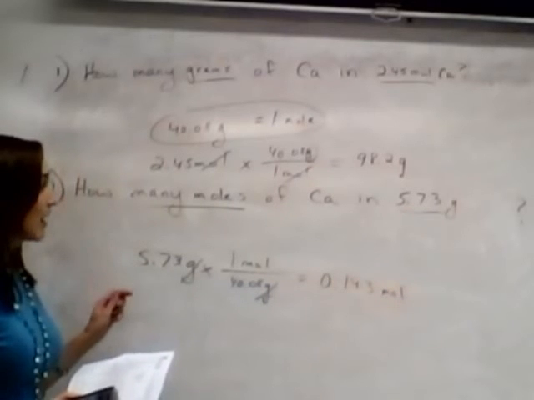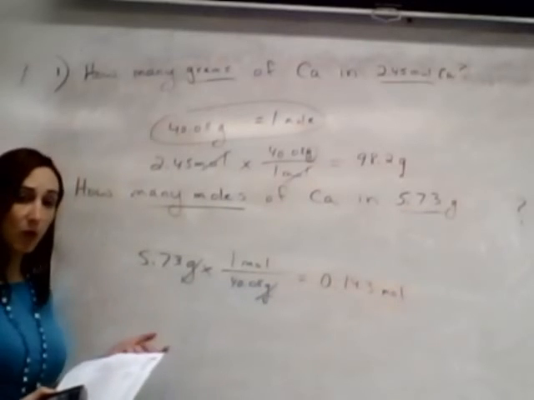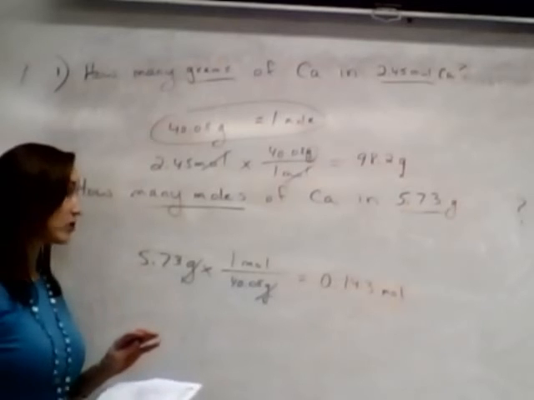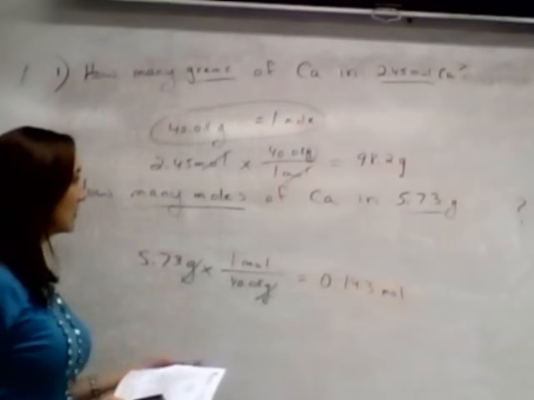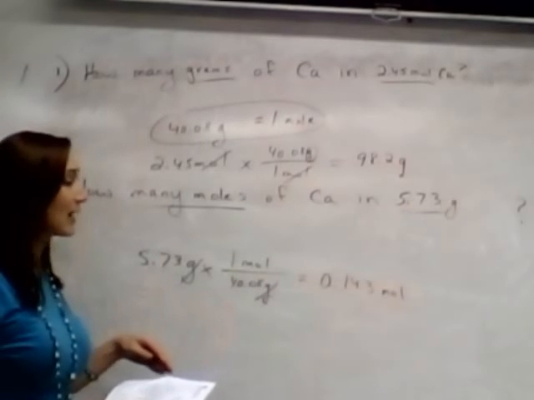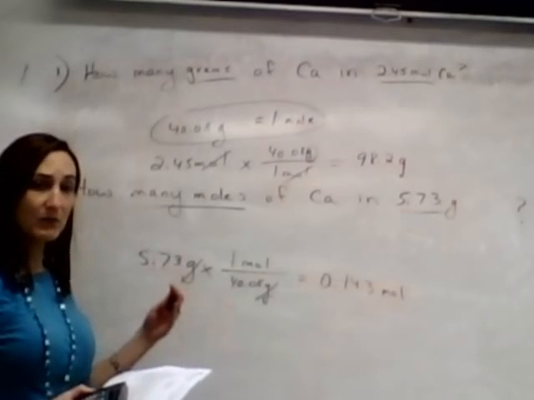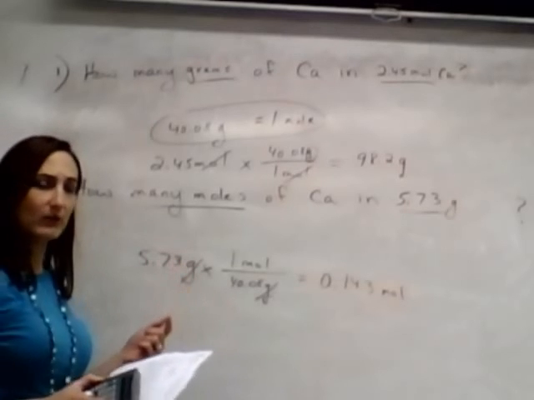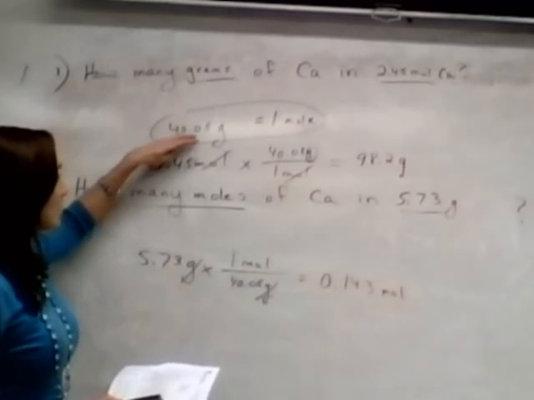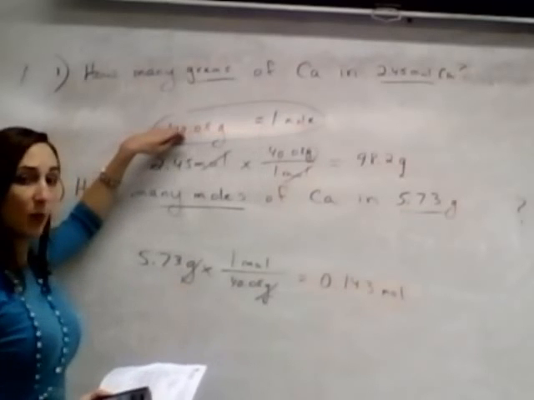So anytime I'm converting between mass and moles, and only mass and moles, I do not need Avogadro's number in any way, shape, or form. It was not needed. I didn't mention atoms at all, and so I would not be using Avogadro's number if atoms or molecules or whatever it is that you're counting is not mentioned. The other thing is that this relationship between moles and grams is called molar mass.